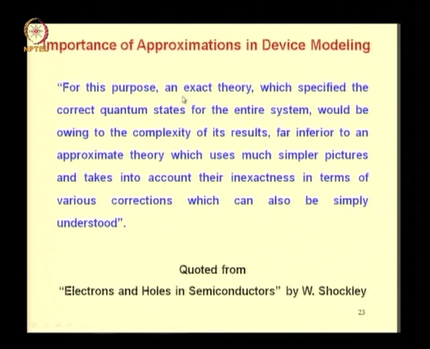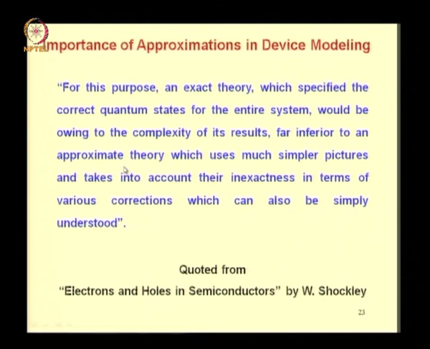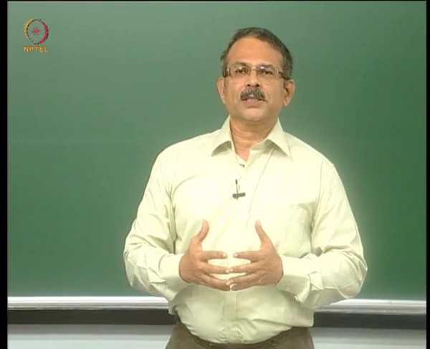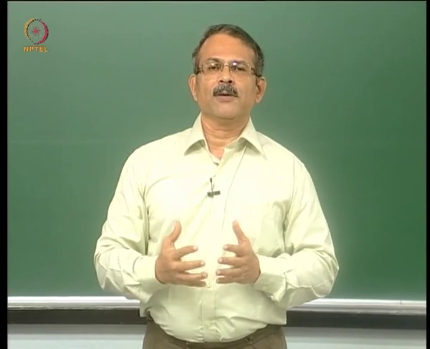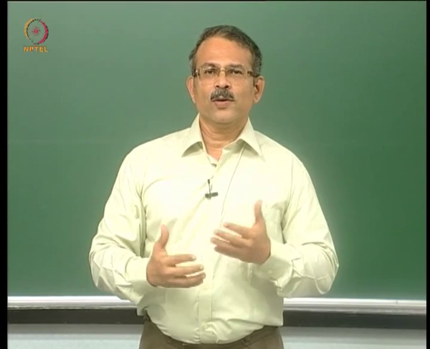For this purpose, an exact theory which specified the correct quantum states for the entire system would be, owing to the complexity of its results, far inferior to an approximate theory which uses much simpler pictures and takes into account their inexactness in terms of various corrections, which can also be simply understood. So, the importance of approximations in any theory or model development cannot be overemphasized, right?